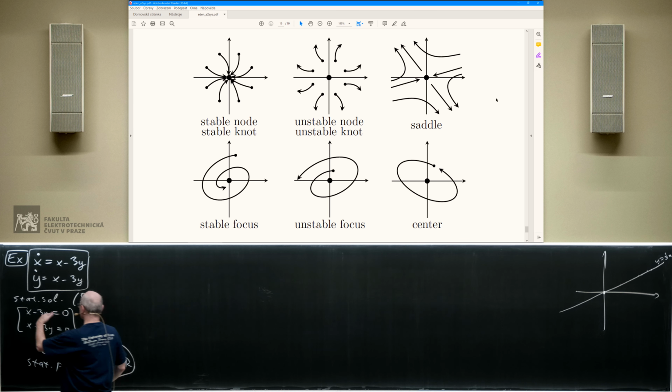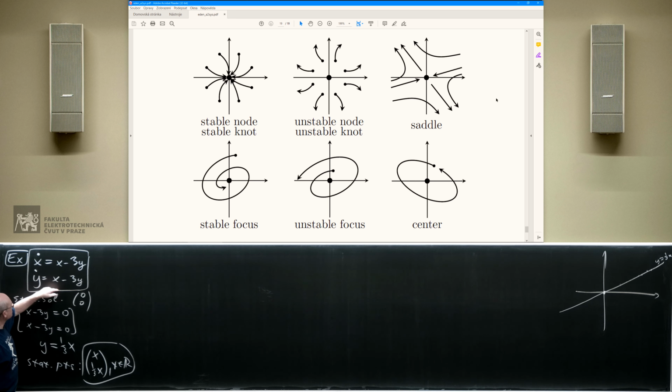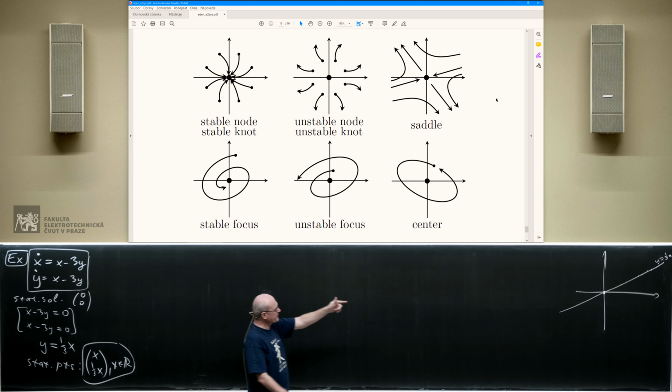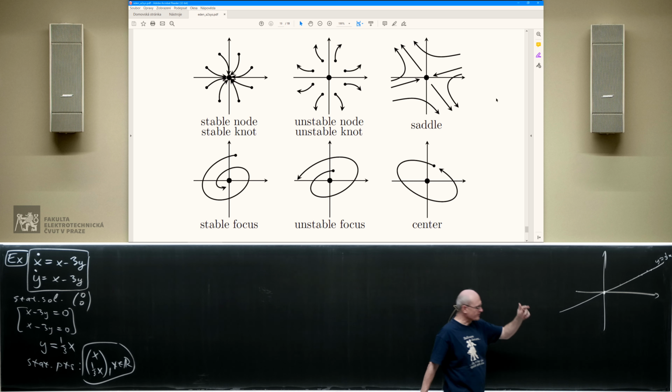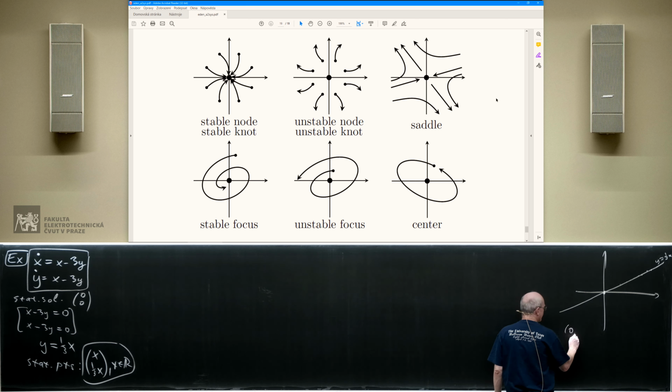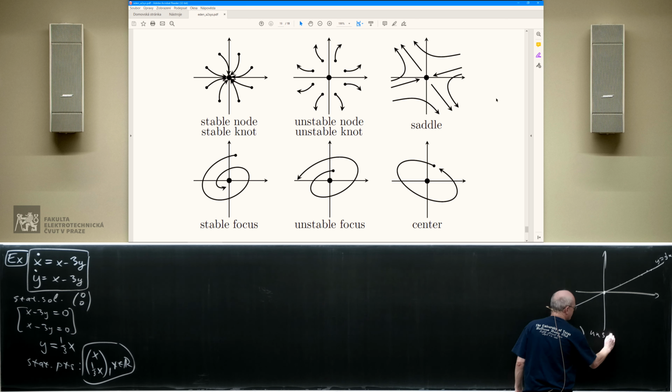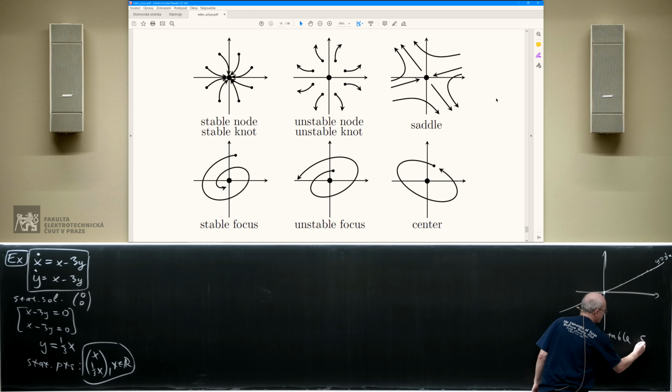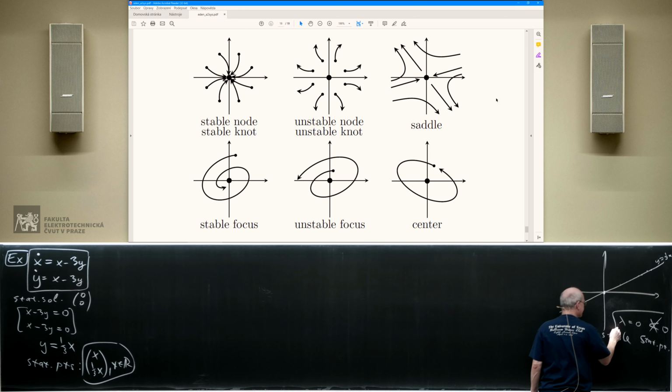Now, because the system is singular, also the matrix of the system is singular, it means that one of the lambdas must be 0. And therefore, the trivial stationary point is unstable. And we know that because lambda equal to 0 is not less than 0. That's the argument.